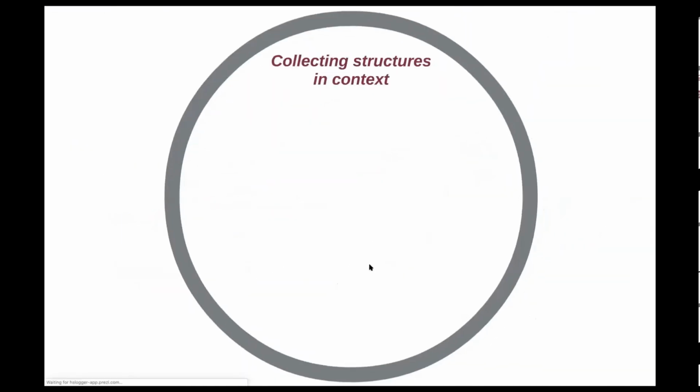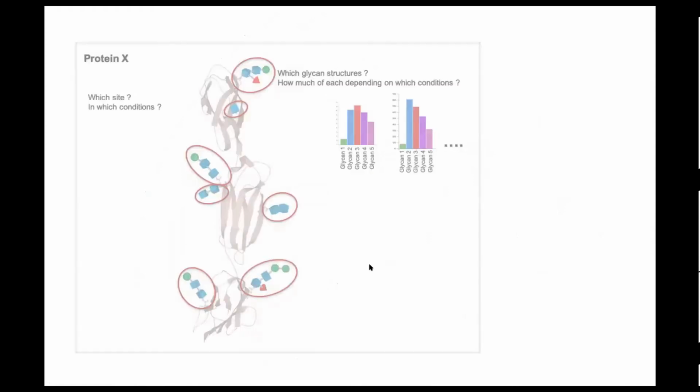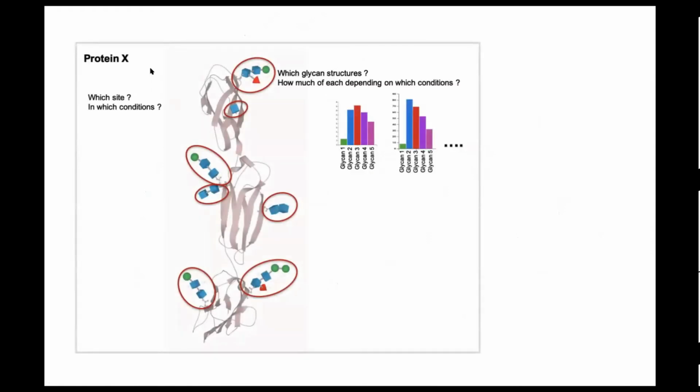And we are really trying to collect the information in context. So ideally, if you have a protein, you would like to be able to answer the question, which are the glycosylated sites in that protein? In which conditions are they glycosylated? What are the glycan structures? So what is the repertoire of glycan structures sitting on a particular site?